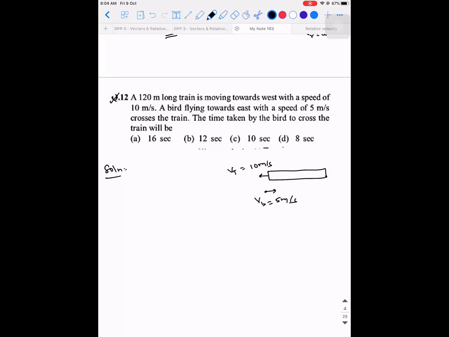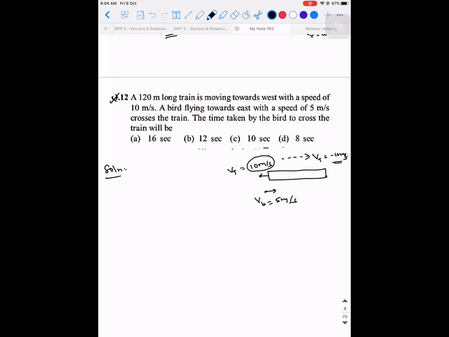Now, the only difference that is coming into the picture is the train is not at rest. But is there a possibility for us to bring the train to rest? If the velocity of the train is 10 meters per second in the leftward direction, and I have to bring it to rest, then how much velocity should be given to the train in the opposite direction? Minus 10 meters per second.